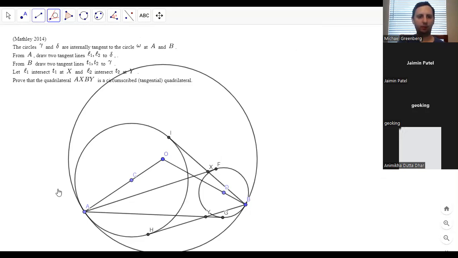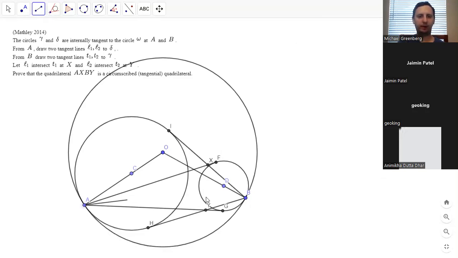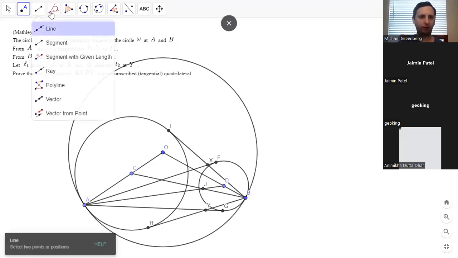So the incenter would actually be the intersection of AB and BC, right? Because AB is the bisector of XAB, and BC is the bisector of this. So really, we want to show that this point is the incenter. Let's try to draw the incircle.